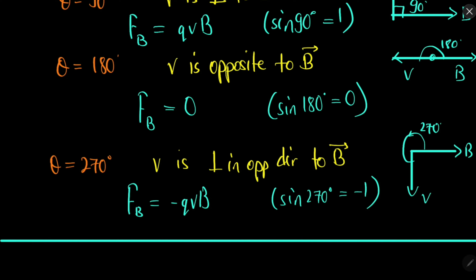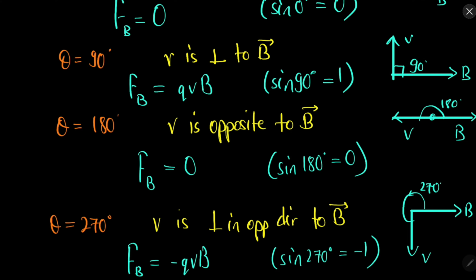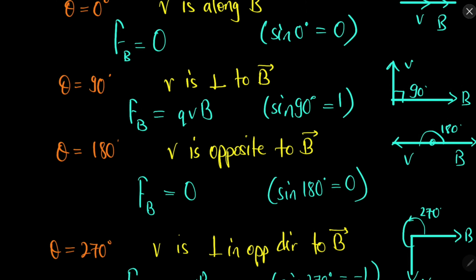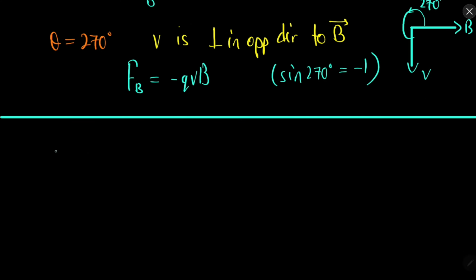So this means that when the velocity of the particle is along the magnetic field, then no force will be applied by the magnetic field, and because of that the magnetic field cannot do any work.